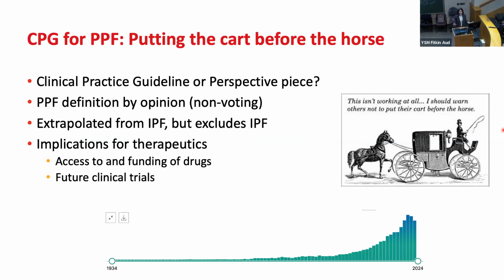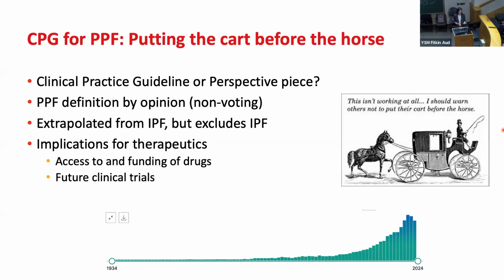I'm like, that has nothing to do with my paper. This is getting taken completely out of context, I think. All of a sudden there's been this rash of papers describing progressive pulmonary fibrosis using these criteria. I think it has a role. These patients certainly exist and they certainly get worse. To me, this read like a perspective piece as opposed to a clinical practice guideline.